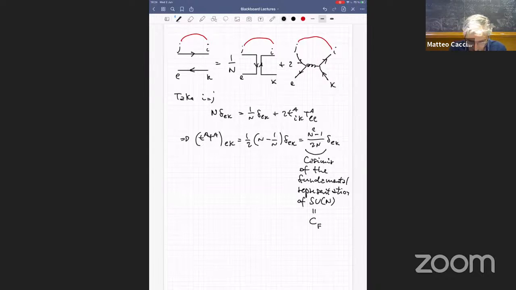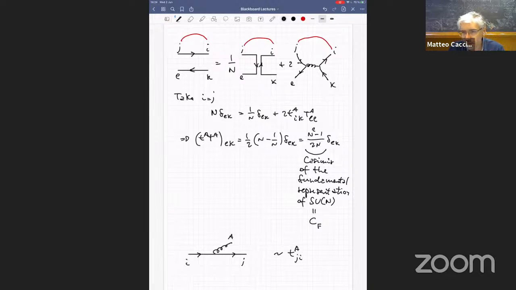Consider the emission of a gluon of a quark, something like this: ij, and a gluon of color A. We have seen before, when we wrote down the Feynman rule for this vertex, that it is proportional to the matrix TA ji.